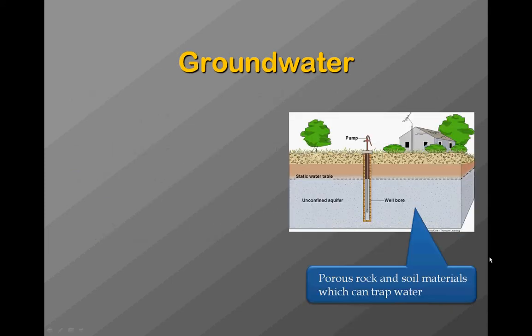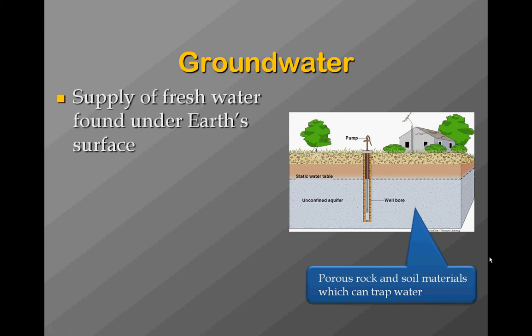The other kind of water that's found on landforms is groundwater, and groundwater is the supply of fresh water that's found under the Earth's surface. When water percolates into the ground, it will settle into areas of porous rock and soil materials that can trap water. In this case, these are referred to as aquifers.